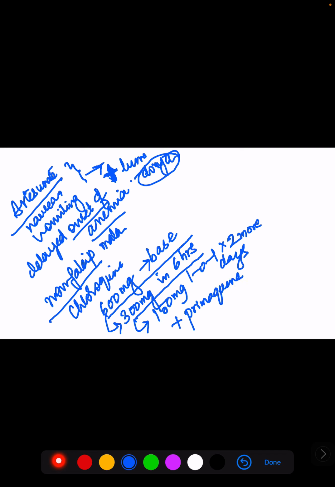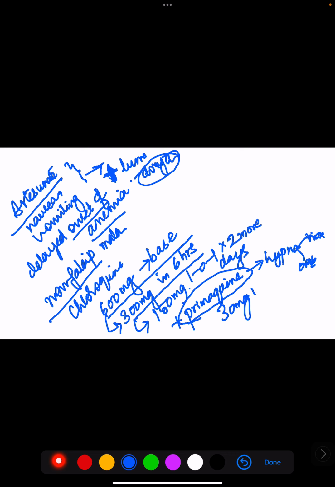Primaquine is for patients who have the hypnozoitic phase. This is seen with Vivax and ovale infections. For Vivax patients, it is 30 mg orally daily for 14 days for the hypnozoitic latent phase. For ovale infection, it is 15 mg orally daily for 14 days.